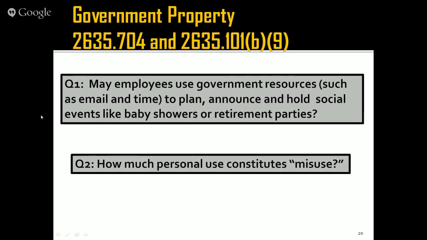Right, and I think this gets to not just an ethics issue, but also a management issue. Exactly. What we're talking about is ensuring the efficiency of the service and not denigrating the workplace's ability to meet the official goals of the organization.